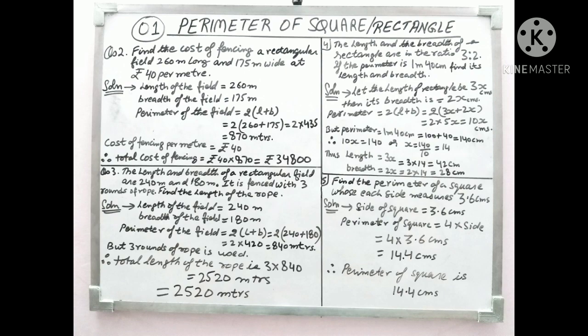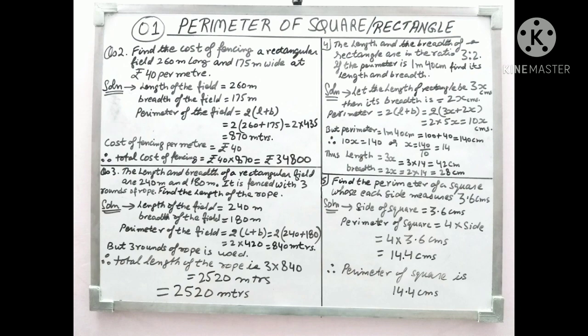Now 870 meters is the perimeter and the rate of fencing is rupees 40 per meter. So total cost of the fencing will be rupees 40 into 870. So finally we get the answer as rupees 34,800. I hope you got it.